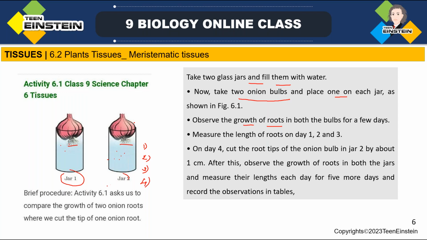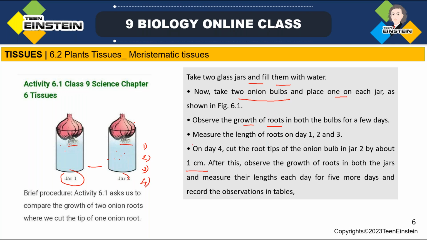And from the next jar, first you need to measure before cutting. All four days you need to measure the root length. Then after measuring the root length, you cut the onion root tip from any one jar you select, around 1 centimeter. Okay, around 1 centimeter you cut that.